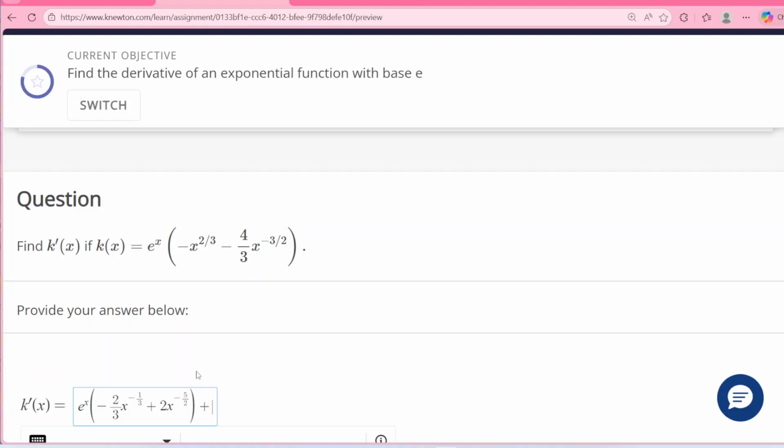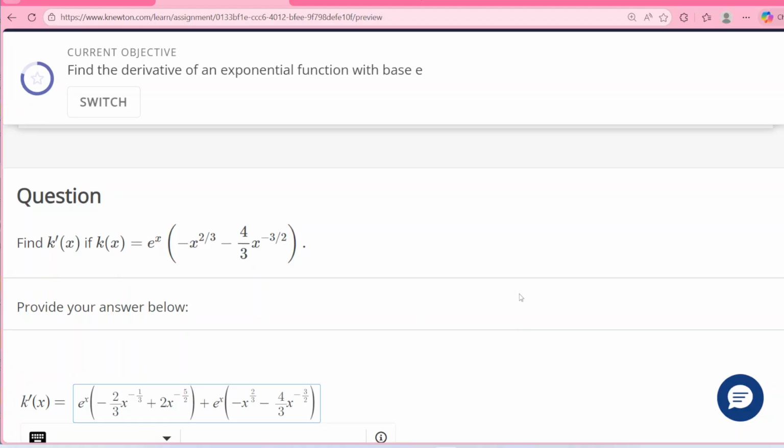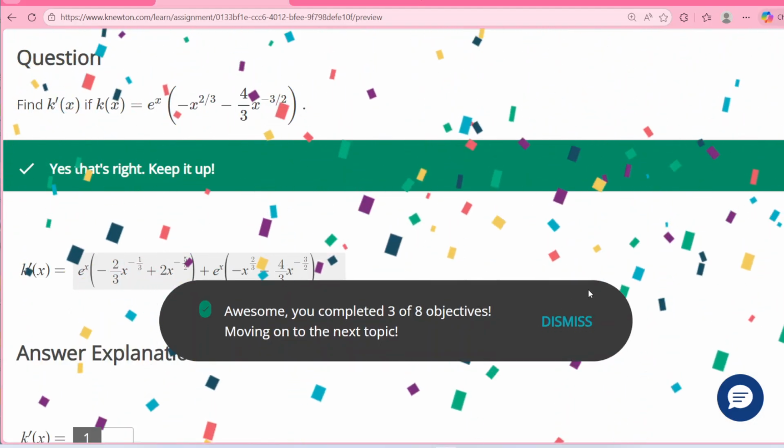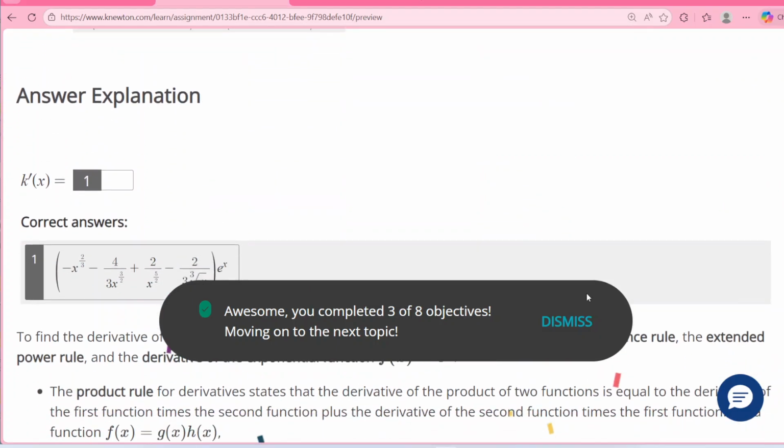All right, and then plus e to the x again, times the second factor the way it was, the opposite of x to the 2/3, minus 4/3 times x to the negative 3/2. All right, so this should be good. Yay. Okay, so that first set of objectives is done.